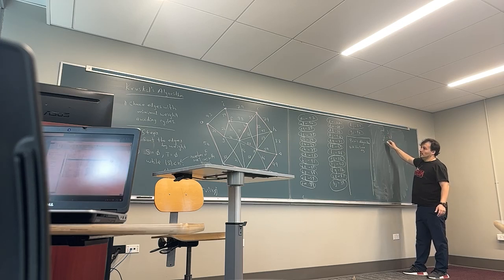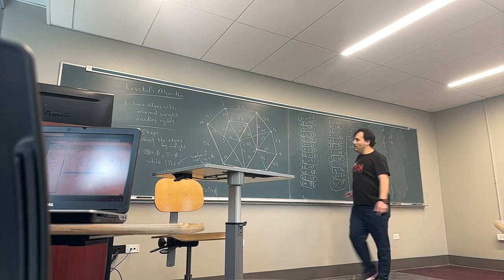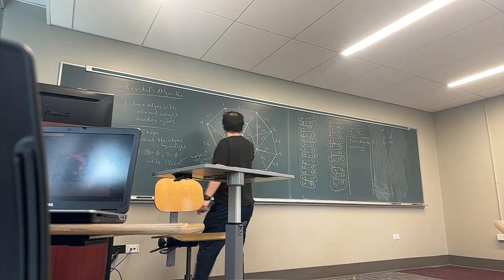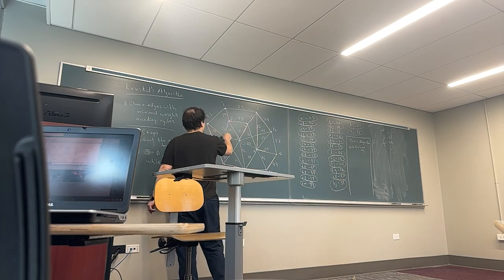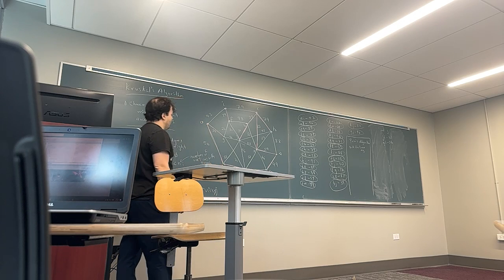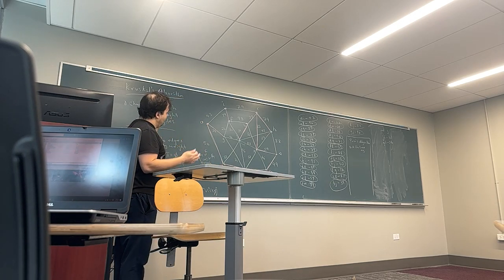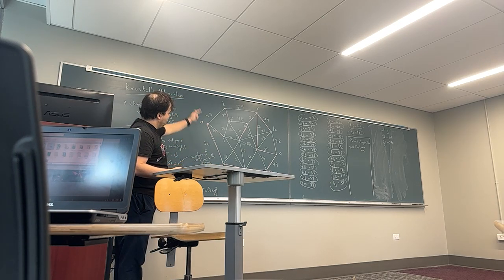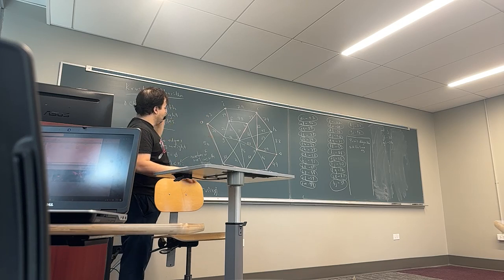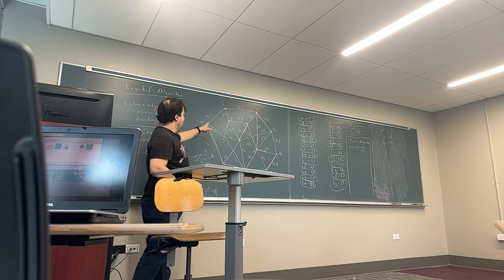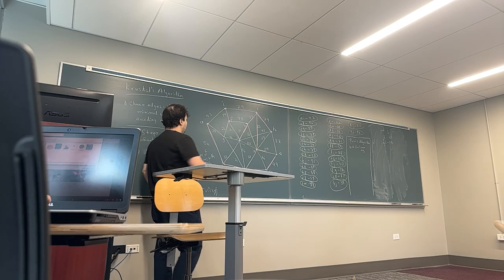Then you pick the lightest edge connected to either F or G or J, which is GF. That path so far. Now I pick everything connected to F, G, or J, and I pick the one of smallest weight. So that looks like it's going to be the 25.